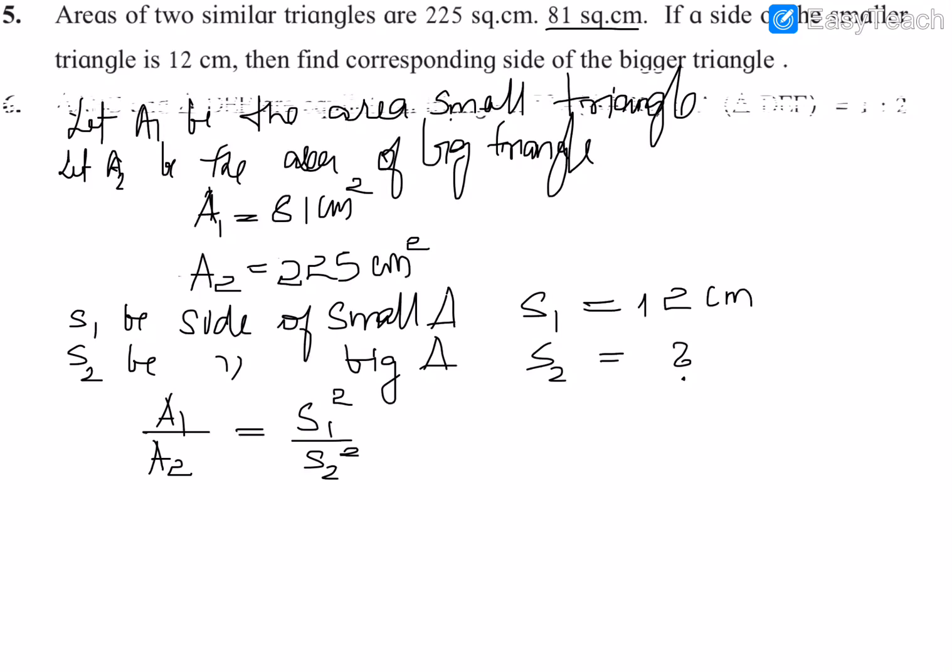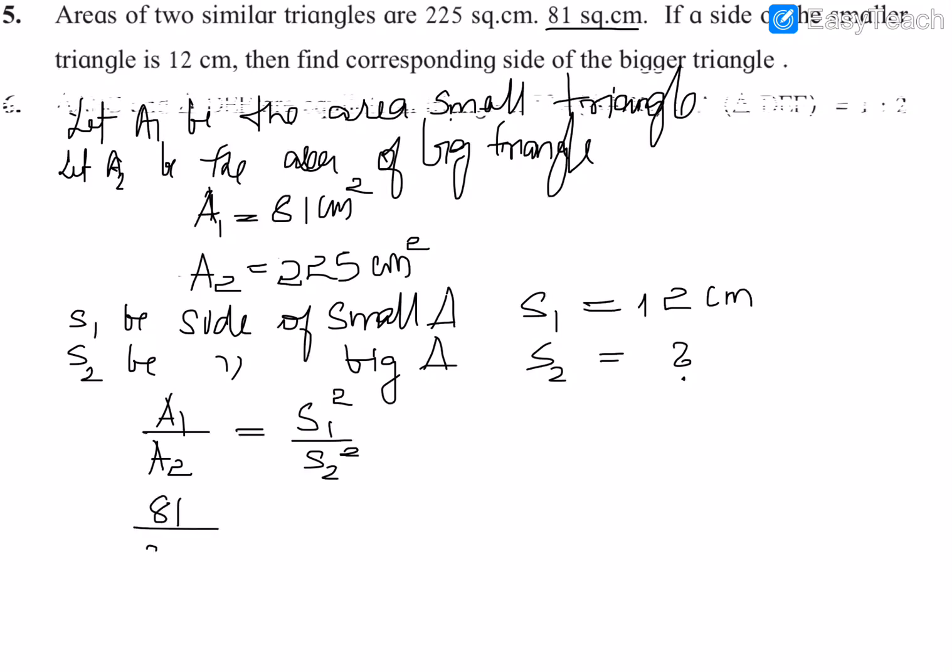Here A1 and A2 are the areas, S1 is the side of the small triangle with area A1, and S2 is the corresponding side of the big triangle with area A2. Now we know the values of A1, A2 and also S1, so we can put those values here.